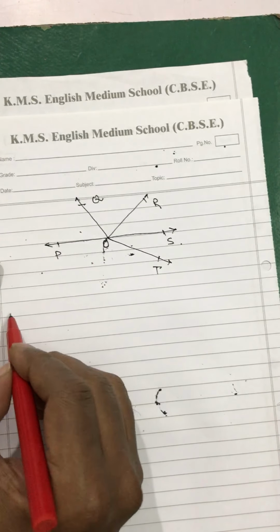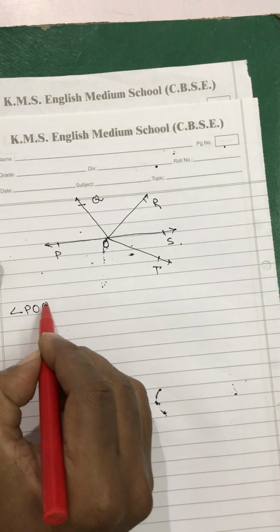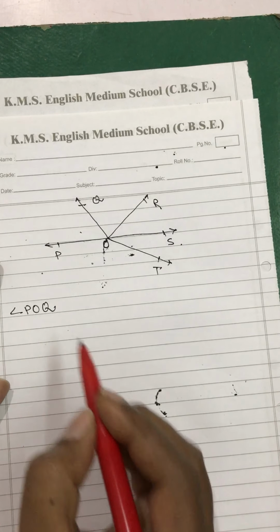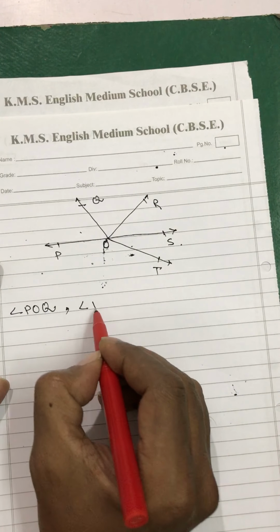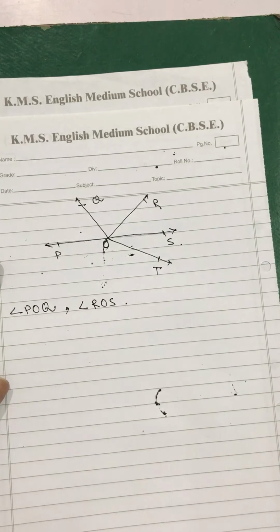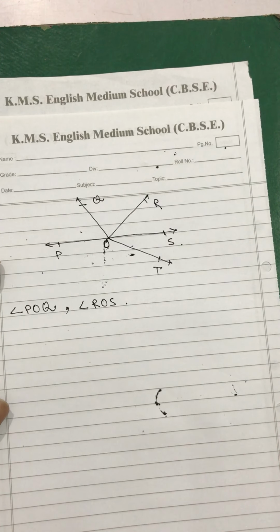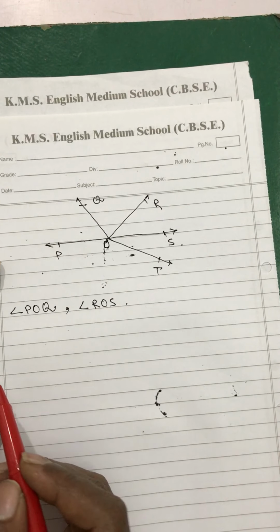If I say angle POQ and angle ROS, are they adjacent angles?